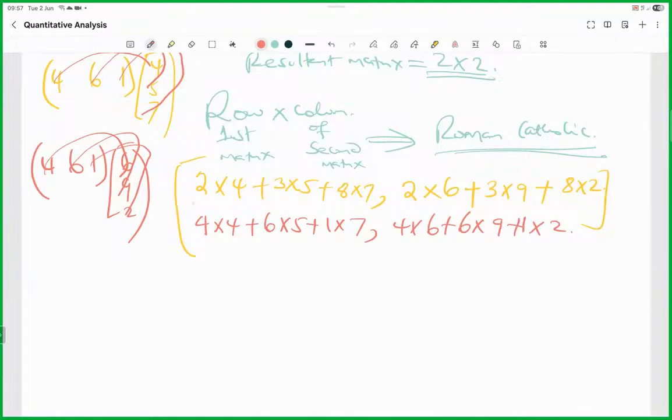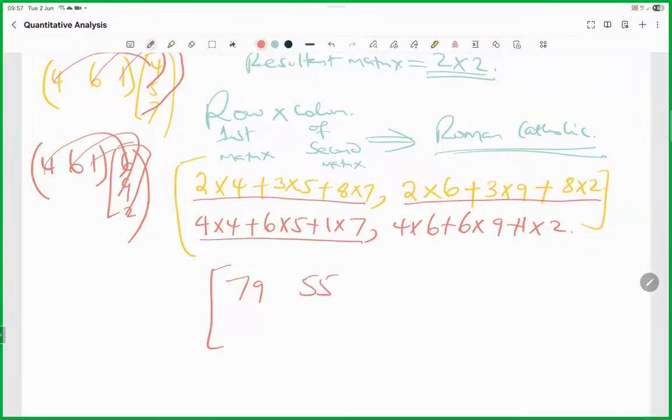We start with the first one here. 2 times 4 plus 3 times 5 plus 8 times 7. At first, you may think it's very difficult, but as we continue, you will like it. How about this one? 5, I'm told. Then we come to this one.